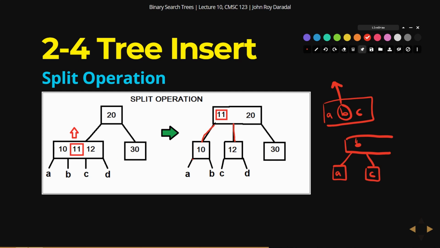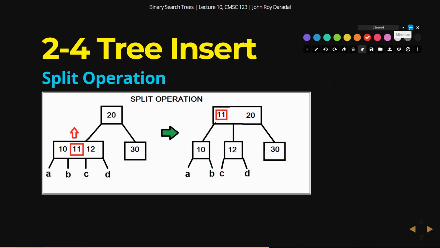And if they have more children, then it would be split like this: A, B, and then C, D. So that is the split operation. You elevate the middle key to the parent, and then you get 2 1 nodes as the children.